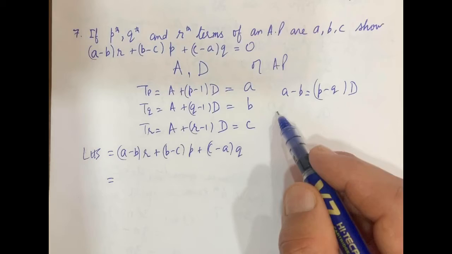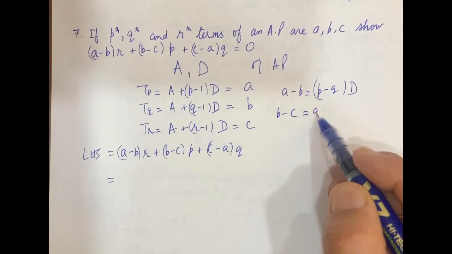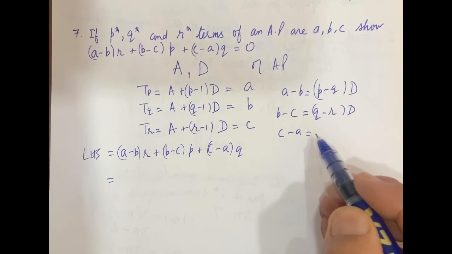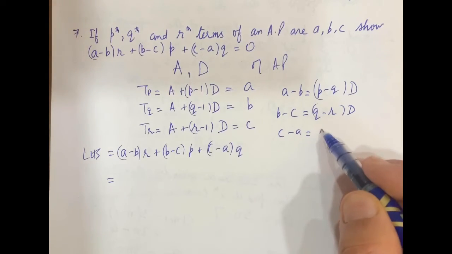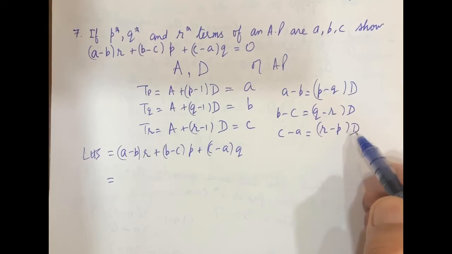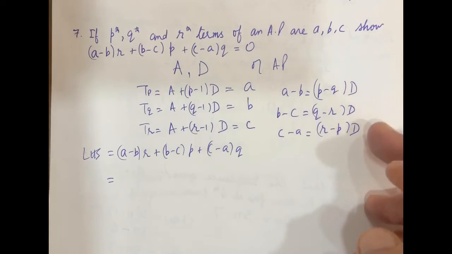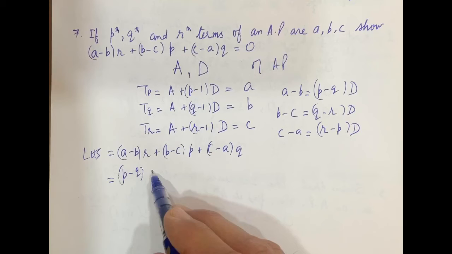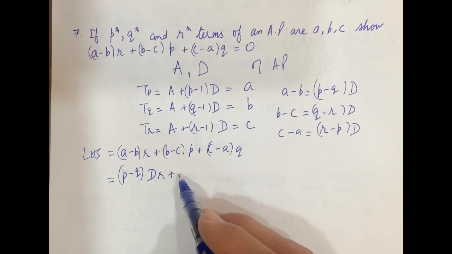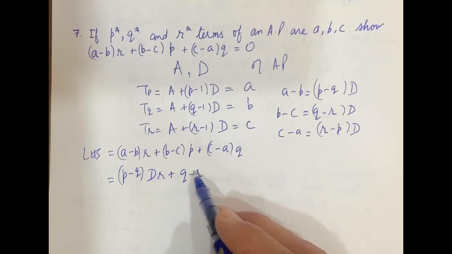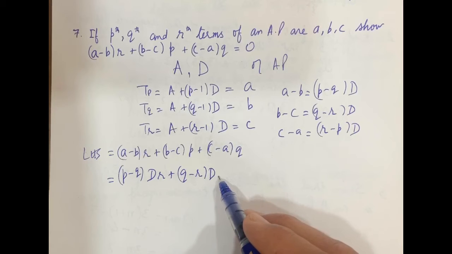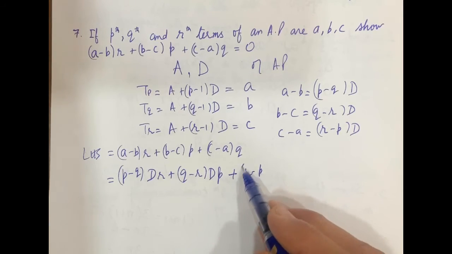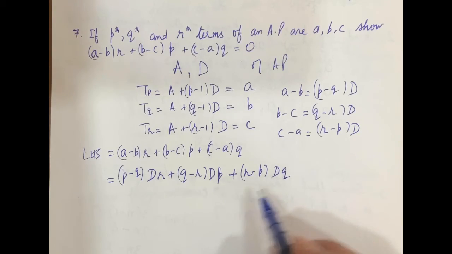Similarly, b minus c is q minus r into d, and c minus a is r minus p into the common difference d. We substitute these values here. A minus b is p minus q into d into r, plus q minus r into d into p, plus r minus p into d into q.